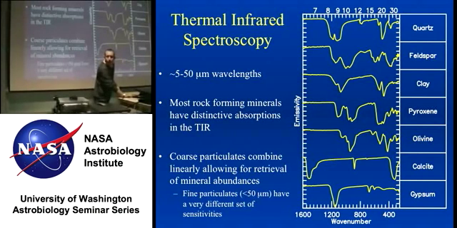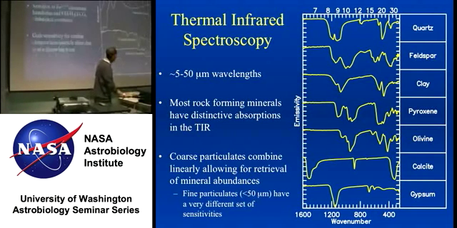And why is that? With coarse particulates, you don't get photons going through individual grains. Once you get below about 50 microns or so, the photons will start passing through multiple grains, and so you get volume scattering.